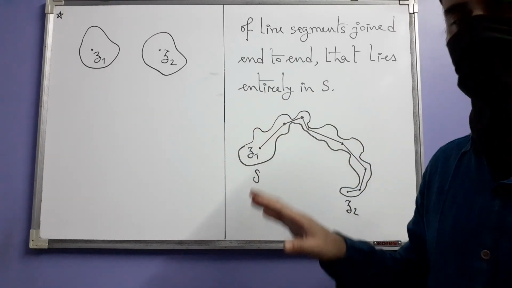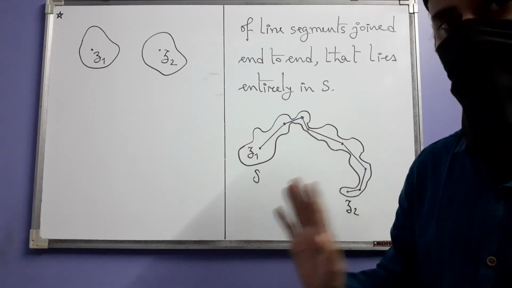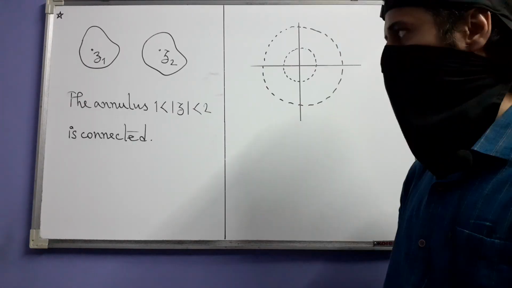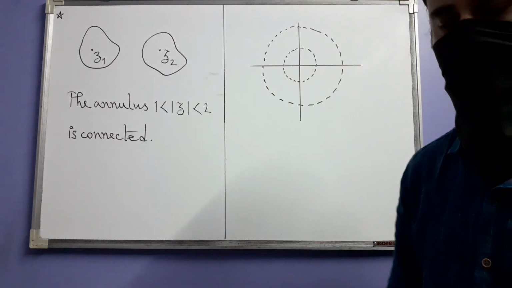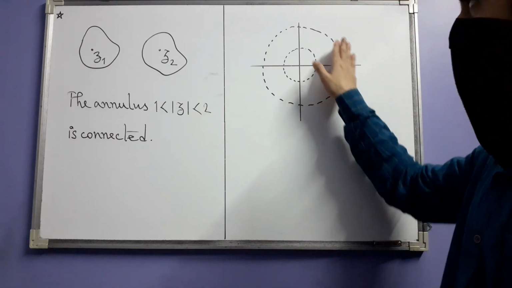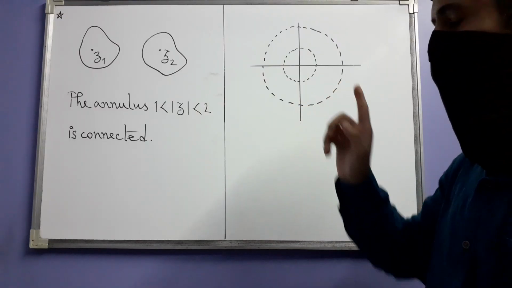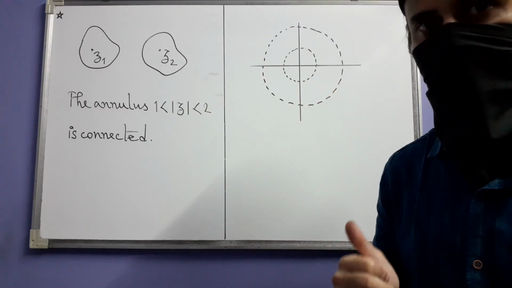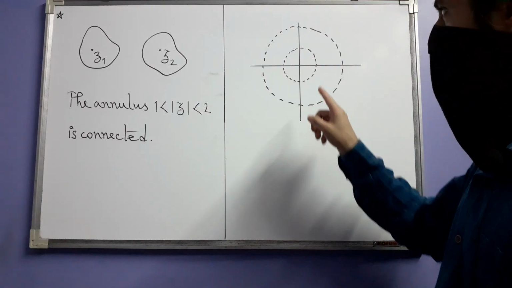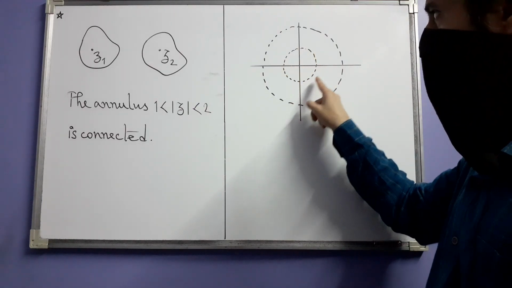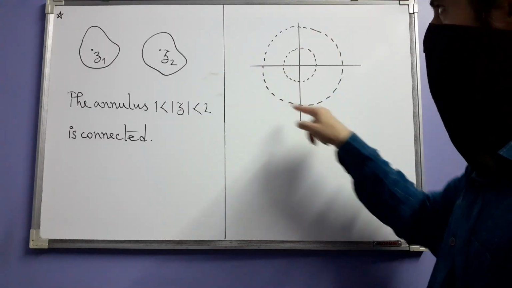Now let's see a concrete example of a connected set. This annular region, the annulus, is connected. It is this region in the complex plane which lies between these 2 concentric circles, both having the origin as their centers. One of them has radius 1 and the other one has radius 2.